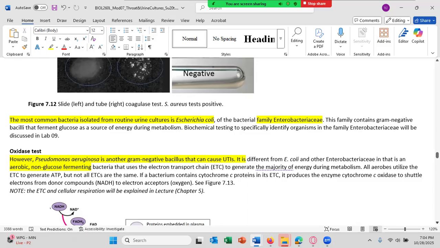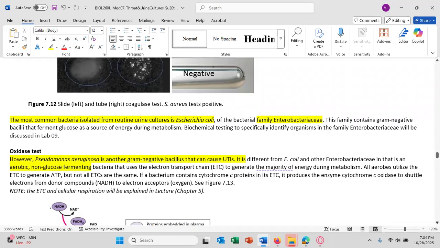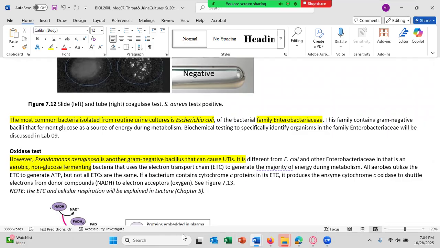All right. Remember, the most common bacteria isolated from a routine urine culture is E. coli. And then the other most common are members of the family Enterobacteriaceae. But there are members of the Pseudomonaceae family, especially Pseudomonas aeruginosa, which can cause a urinary tract infection.